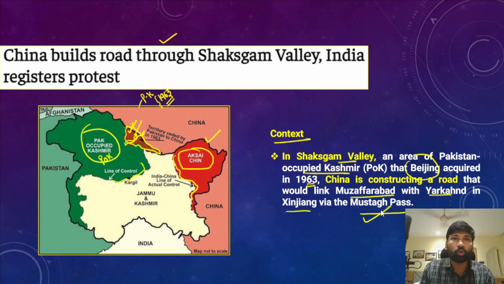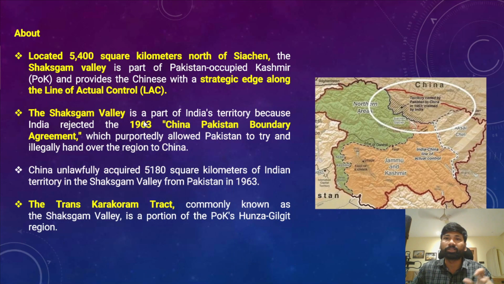Since Pakistan occupied Kashmir is an integral part of India, China laying down such a road is against the sovereignty of India, and therefore India strongly objected to the construction of the road by China in Pakistan occupied Kashmir, which is an integral part of India.